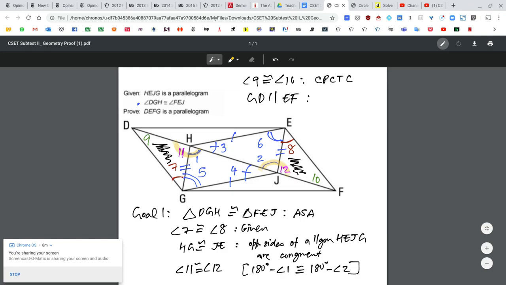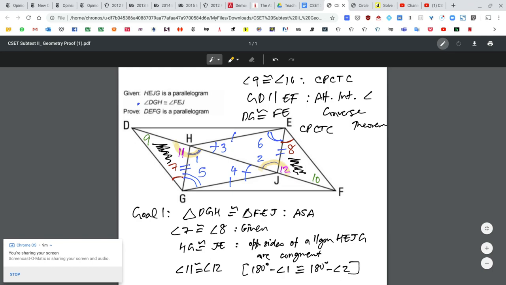Basically the alternate interior angle converse theorem. And then the last step, we also have DG is congruent to FE, by CPCTC, corresponding parts of congruent triangles are congruent.